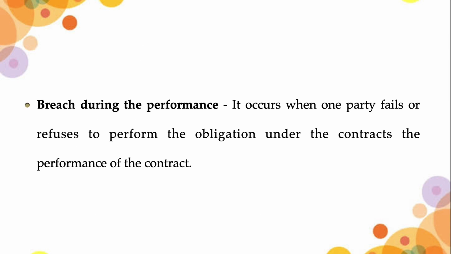Second part is breach during the performance. Now there is actually the contract or the obligation of the contract, and the party is performing. It is during the performance, okay? And then during the performance the breach occurs. It occurs when one party fails or refuses to perform the obligation under the contract. Let me give an example.